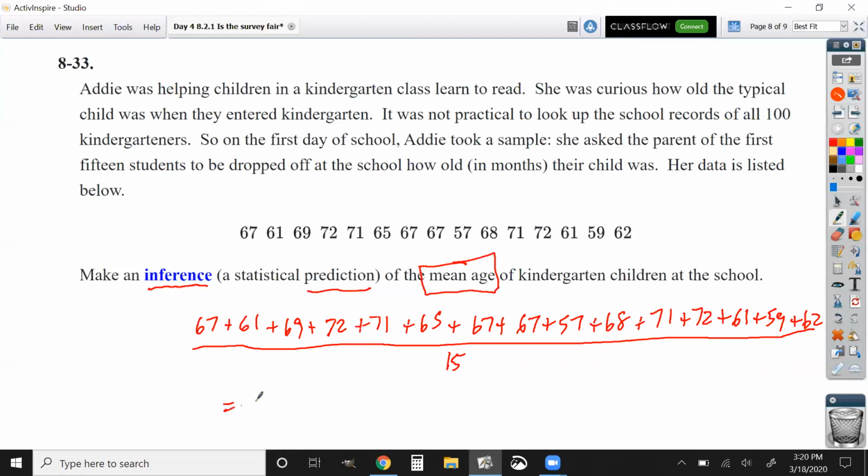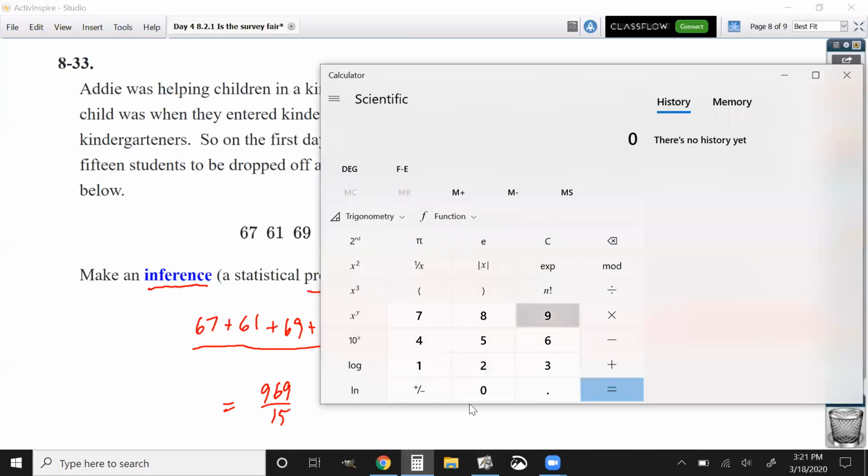Then I would end up with 969 divided by 15. When I bring up my calculator here, 969 divided by 15 equals, I get 64.6.